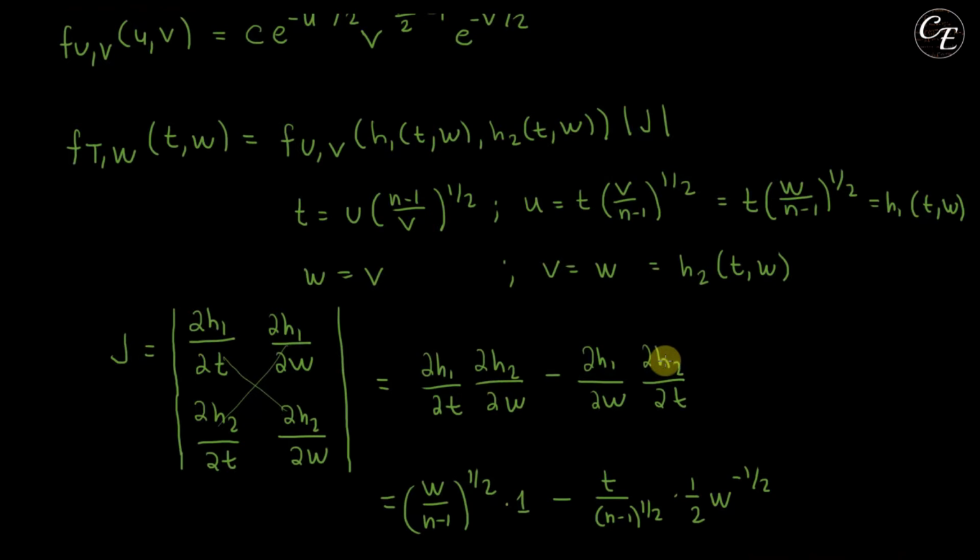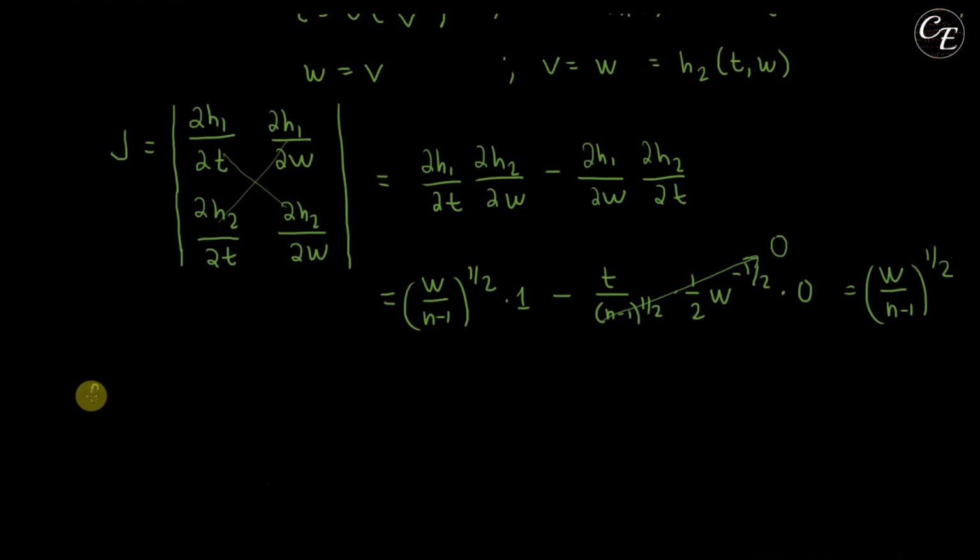The partial derivative of h2 with respect to T is 0, since we don't have T in here and W is a constant, so this whole term becomes 0. What is left is W over n minus 1 raised to 1/2.